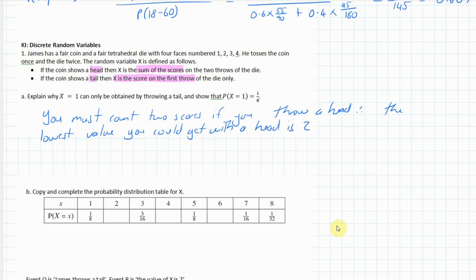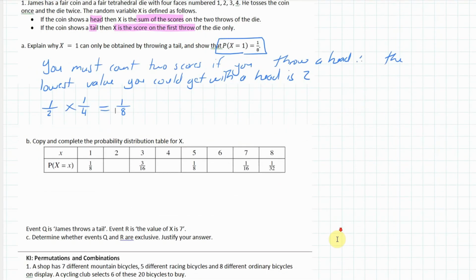Now, show that the probability of getting X equals 1 is 1/8. Well, 1/2 for getting the tail, and then 1/4 for getting the 1, and that is equal to 1/8. So that's nice and easy.